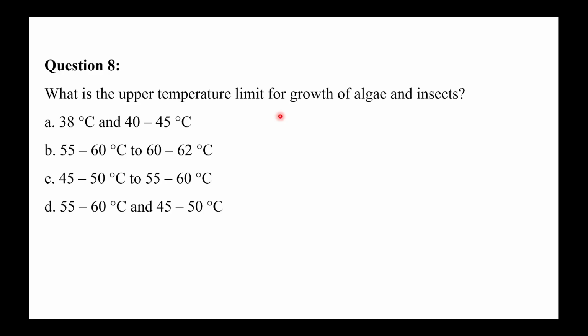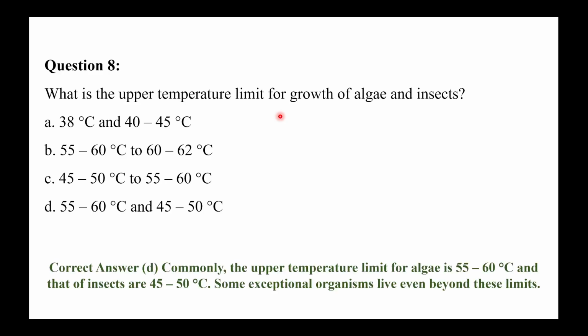Nobody? I'll tell you the answer. The correct answer is option D. Commonly the upper temperature limit for algae is 55 to 60 degrees Celsius, and that for insects is 45 to 50 degrees Celsius.